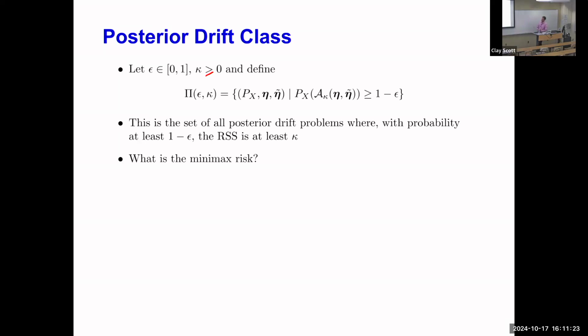The larger kappa is for a given epsilon, the easier the problem should be because your relative signal strength is larger, right? So this is a class of distributions, and so we can ask a natural question: what is the minimax risk for learning, or domain adaptation, or learning from label noise over this class of distributions?